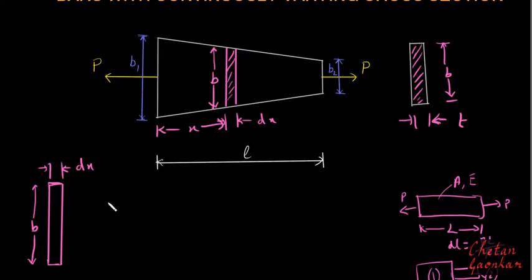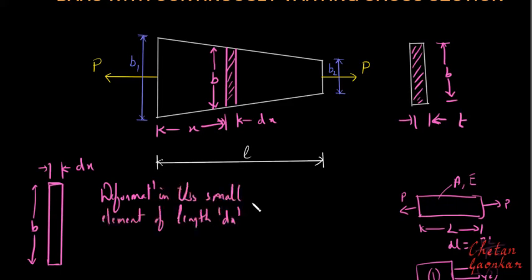I know that the deformation in this small element of length dx can be given as: the load is P, the length of this small element is dx, divided by the cross-sectional area A, which is nothing but b multiplied by t, which I can write simply as A, and then I have to multiply this by its material property E. So this will be the formula to calculate the deformation in this small segment whose length is dx.